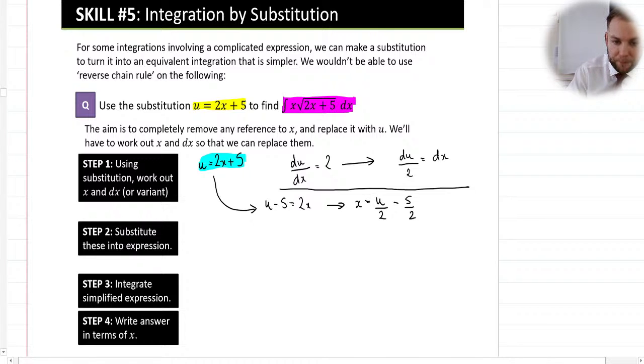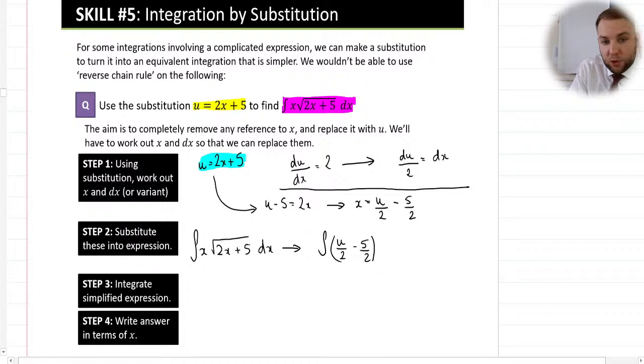Let's just write it first of all so we can see. So when we substitute into this expression, it's going to be the integral of u over 2 minus 5 over 2, close that bracket, times the root of 2x plus 5.